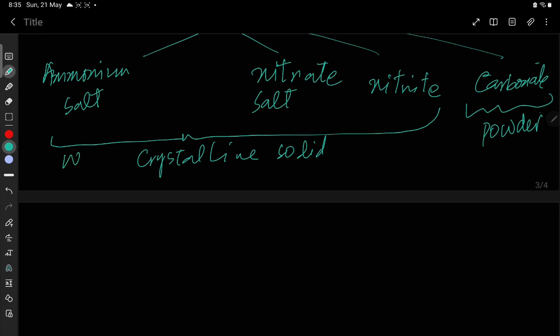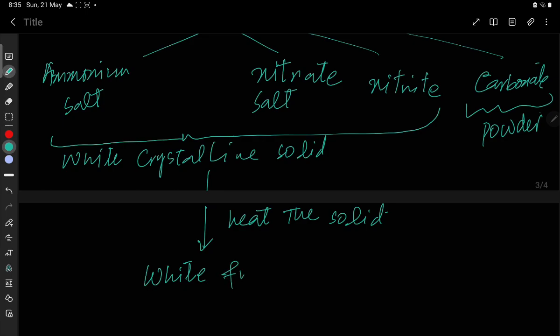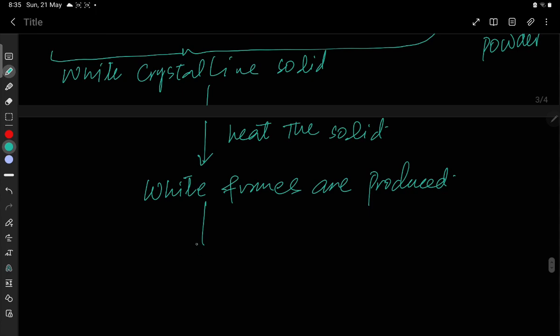If white crystalline solids are heated and white fumes are produced, it must contain ammonium ion.